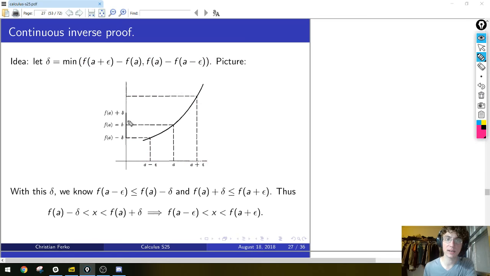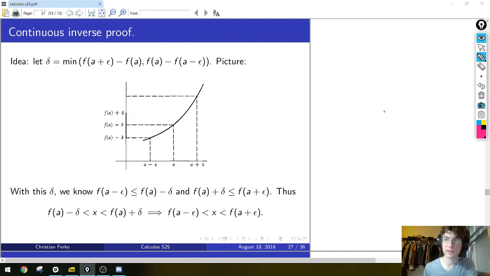In other words, we're trying to choose a distance on the horizontal axis so that we always land within these bars on the vertical axis. The kind of obvious way to do that is just say, well, take whichever of those distances is smaller. In this picture, this distance is smaller, so if you want to guarantee that you never fall outside this interval, you should make sure that you are stuck within the smaller distance to one of those two endpoints, a minus epsilon and a plus epsilon.